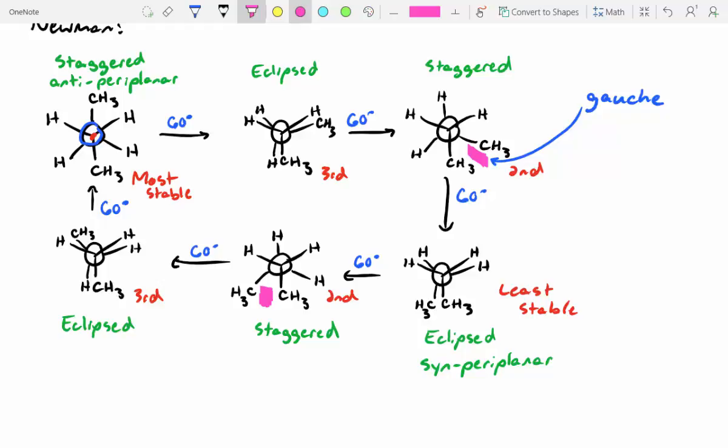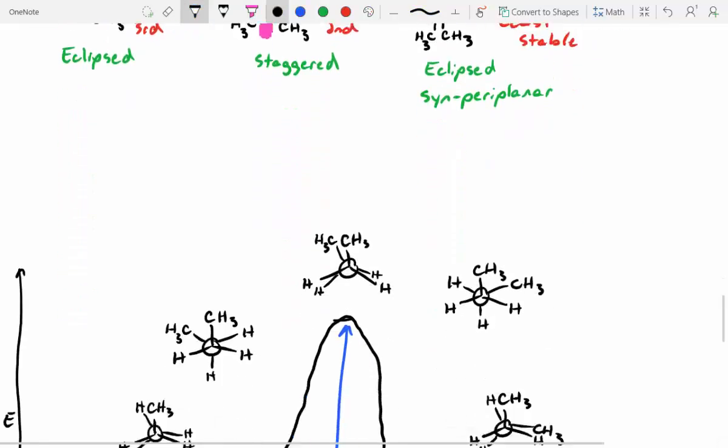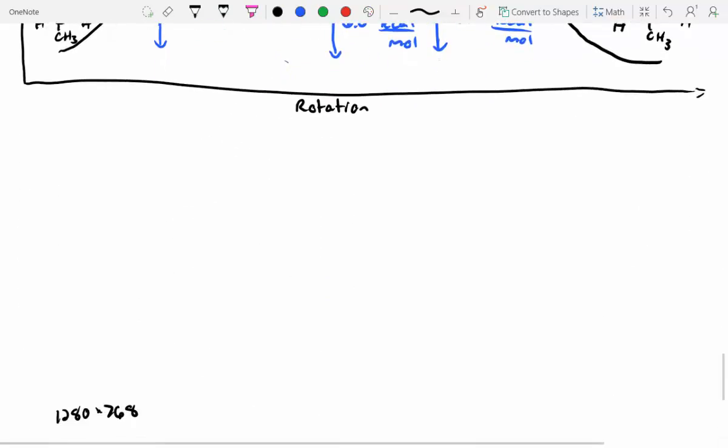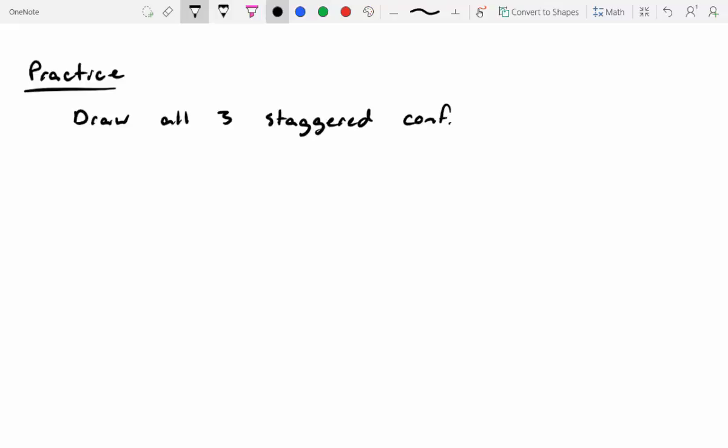All right, I've got a challenge problem for you guys now, because you like those. Oh, this one's related to your pod. So this one says, draw all three staggered conformations for the following.